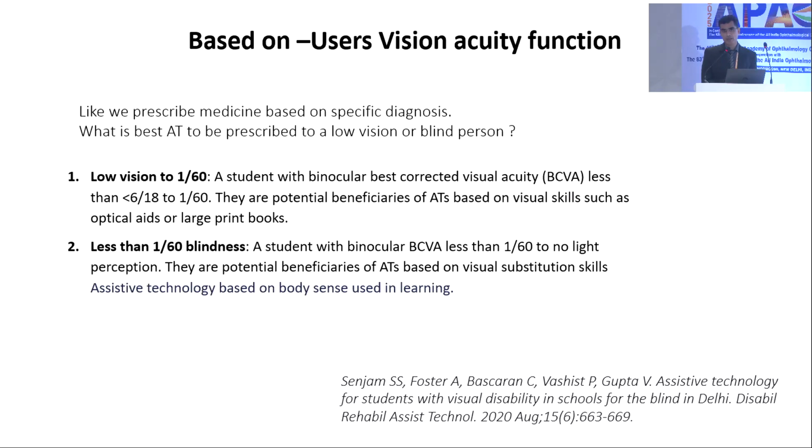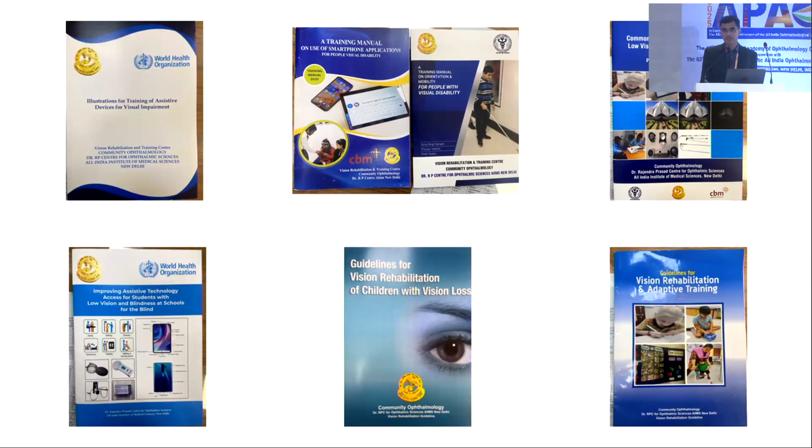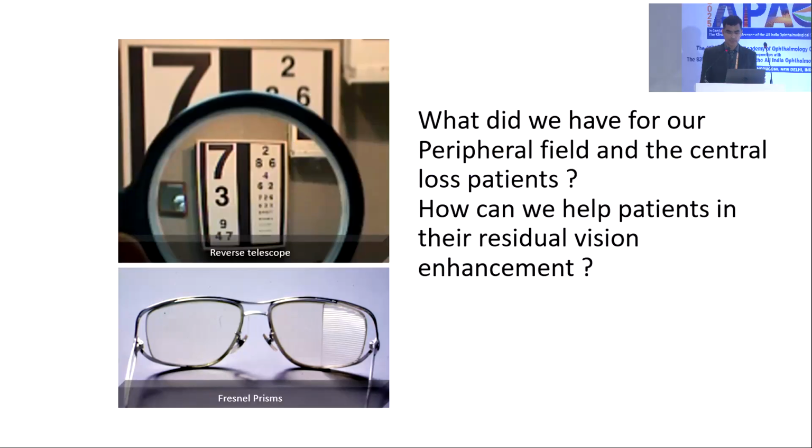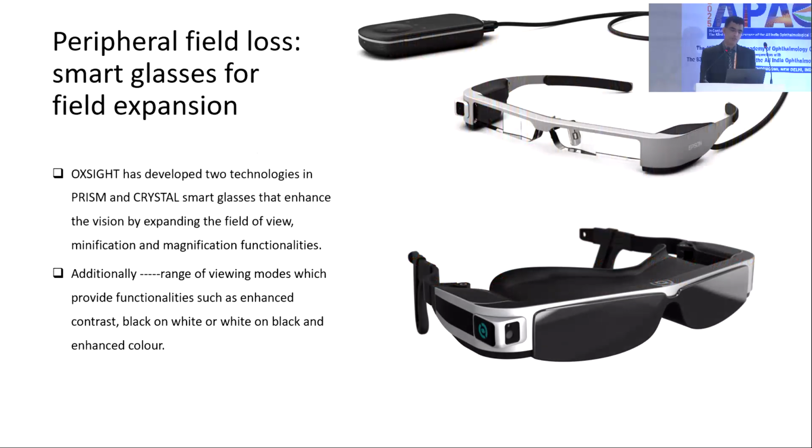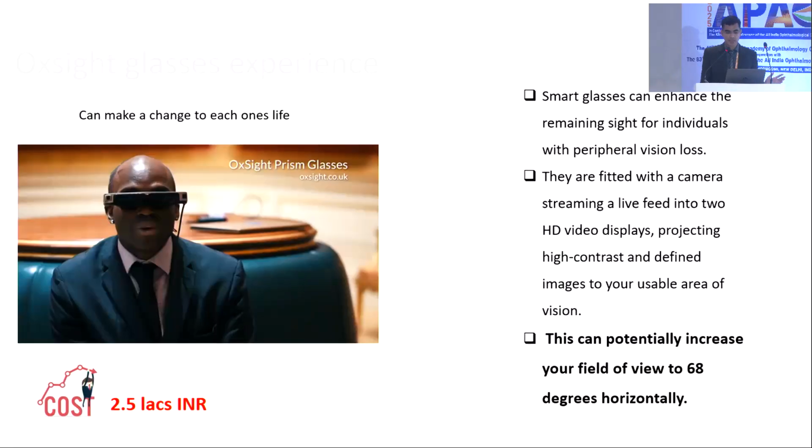Those with less than 1/60 are given assistive technology based on body sense, using functional vision learning. Some of this literature is freely available on the website of Dr. RP Center AIMS. And last but not least, just a few things about smart glasses.